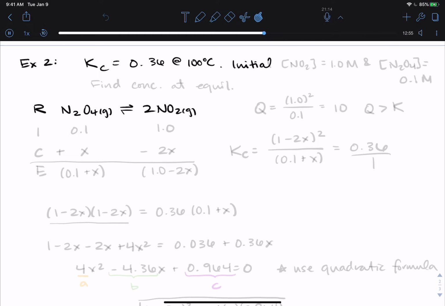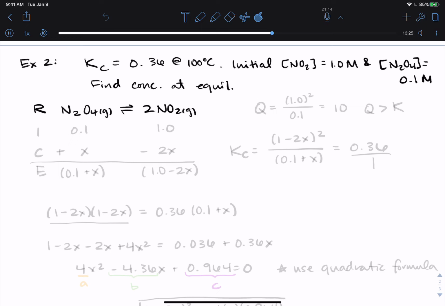The initial concentration of NO2 is 1 molar, and the initial concentration of N2O4 equals 0.1 molar, and we need to find the concentrations of both at equilibrium.